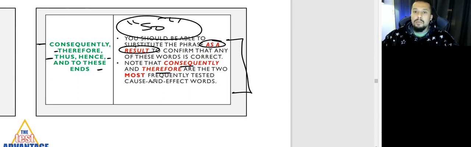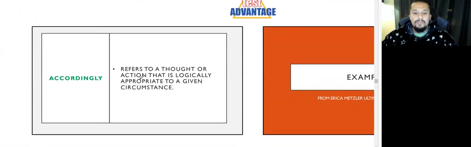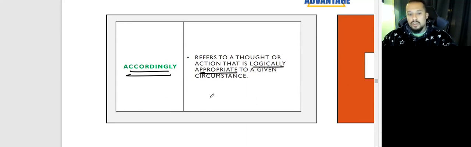Consequently and therefore are the most common two. Doesn't mean they're correct, but if you have cause and effect, these would probably be your answers. And finally, accordingly, right? Accordingly means to adjust logically to a situation, to adjust appropriately to a situation.